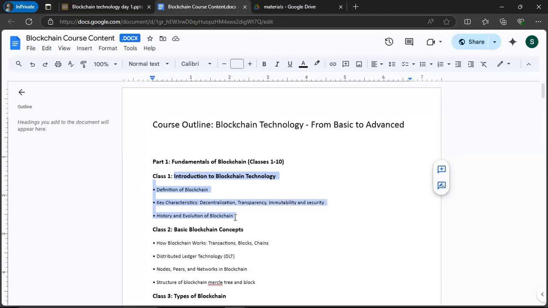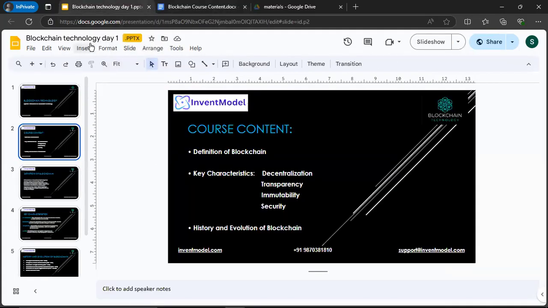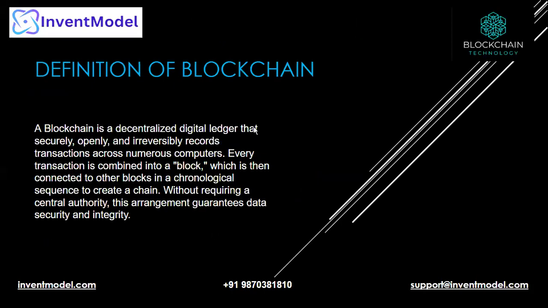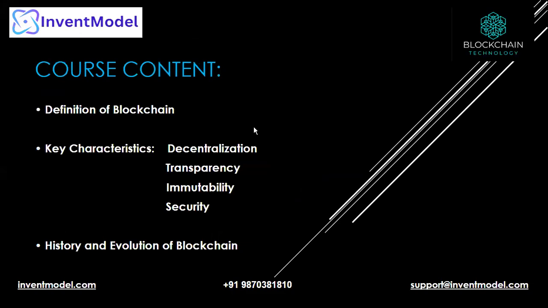Key characteristics of blockchain such as decentralization, transparency, immutability, and security, and history and evolution of blockchain. So let's start. Today's course content is detailed definition of blockchain, key characteristics, and history and evolution of blockchain.